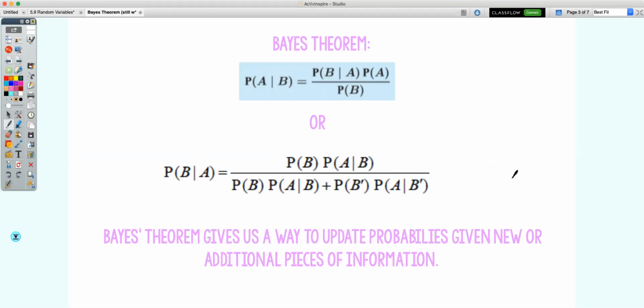The denominator can really be multiple events happening, but it gives us a way to update probabilities when we're given new and additional pieces of information.